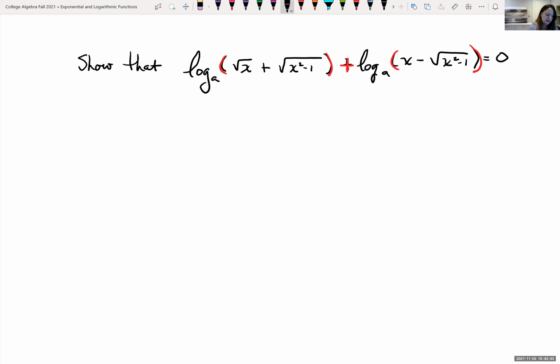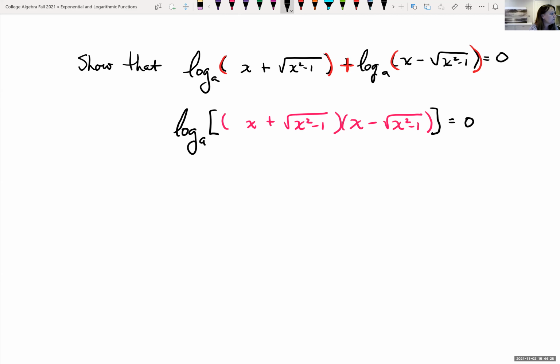And so we can rewrite this as a single log, and this is log base a of the square root of x plus the square root of x squared minus 1, all times x minus the square root of x squared minus 1, is equal to 0.